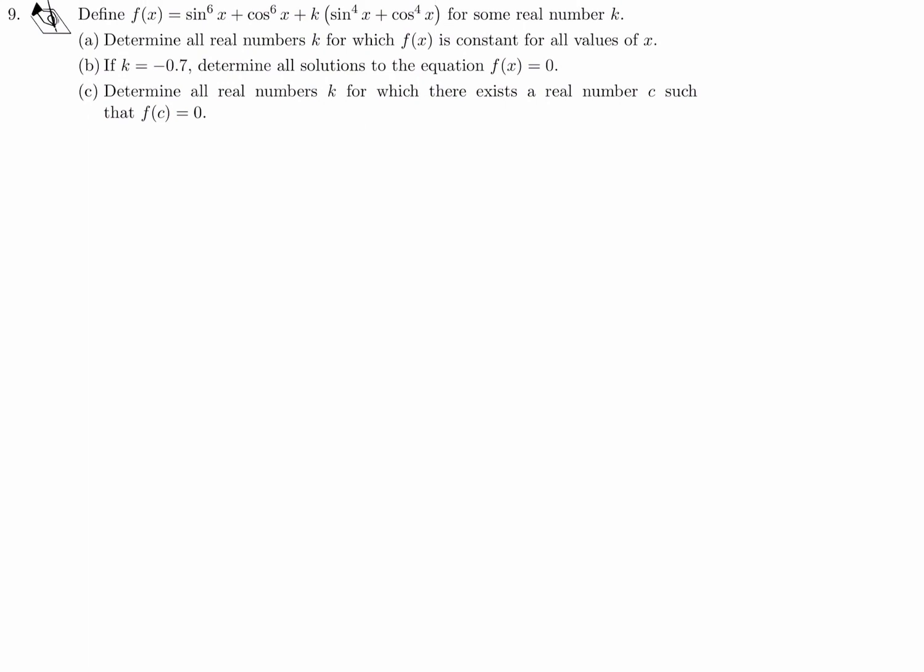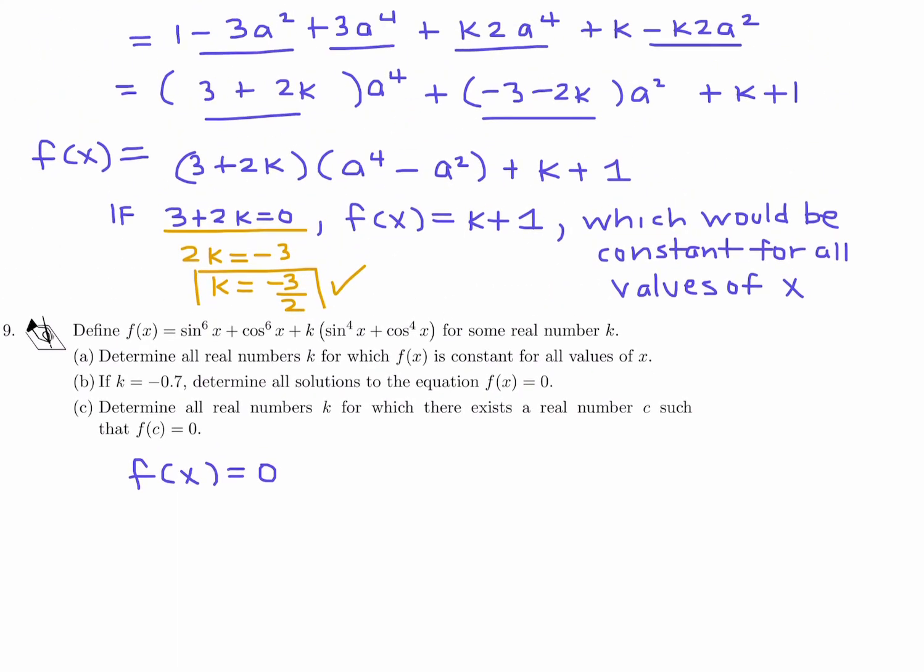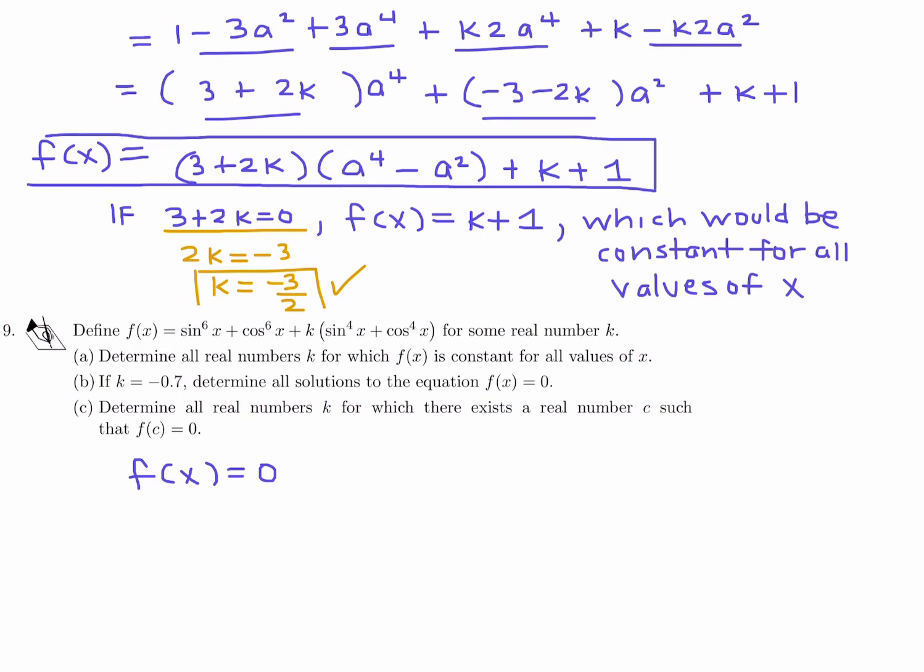Part B, if k is equal to negative 0.7, determine all solutions to the equation f of x is equal to 0. So f of x, they want us to set it equal to 0 and then solve for x. Okay, well, we had originally figured out an equation, right? So we will use that. All this hard work should not go to waste.